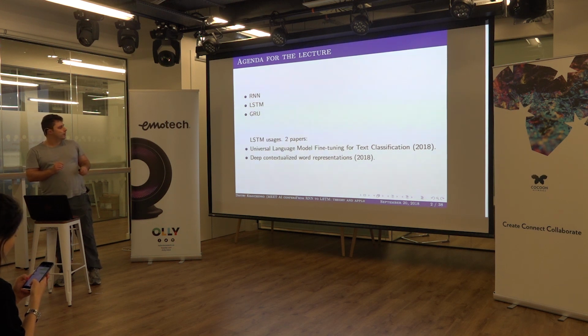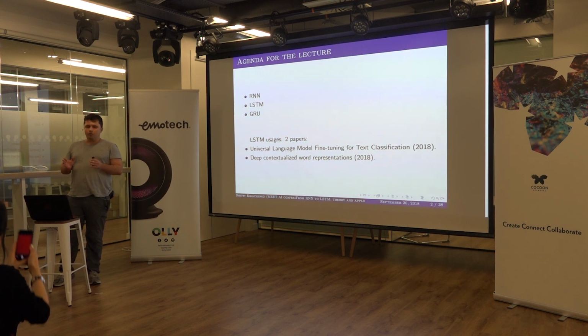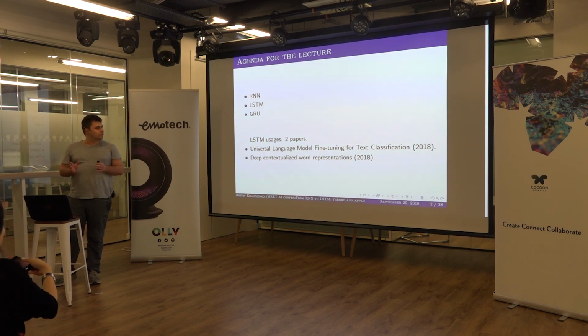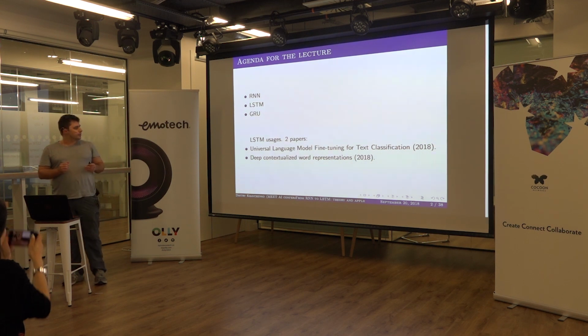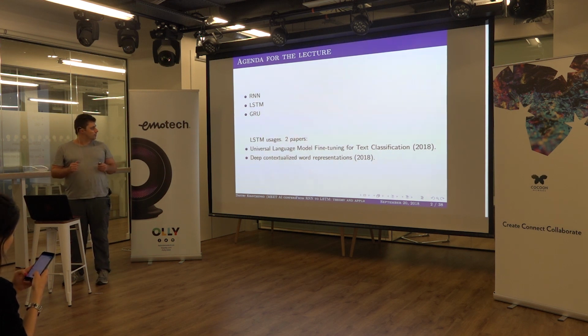And then I'll describe two papers which came out recently this year. The first is about universal language model fine-tuning for text classification, which is a kind of transfer learning for NLP. The thing is that transfer learning for computer vision exists already for a long time, and transfer learning for NLP, it's something that doesn't exist at all. And these two guys who wrote this paper, they created this transfer learning for NLP, and I'll describe it later.